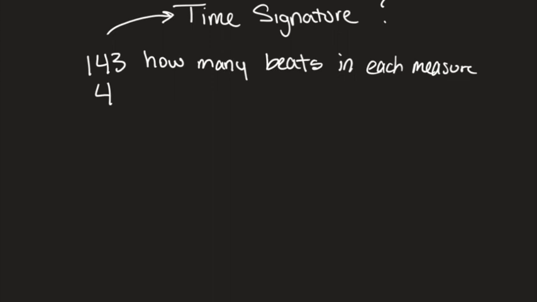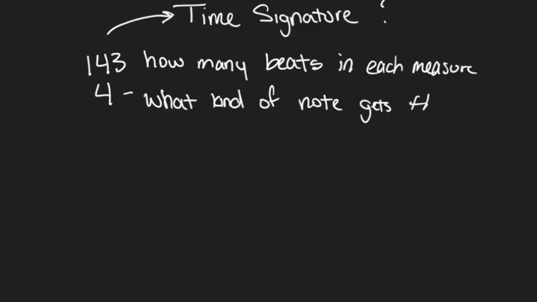Now, the bottom number tells us something kind of weird, and we'll talk about that more later. But what we need to know about the bottom number is it tells us what kind of note gets the beat. So here's something interesting.